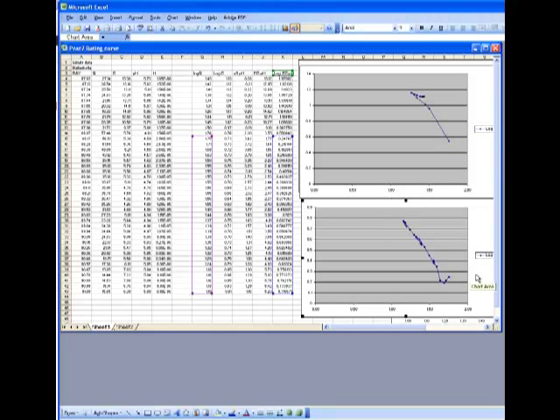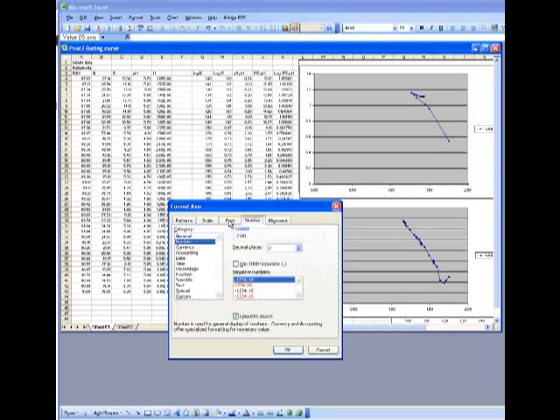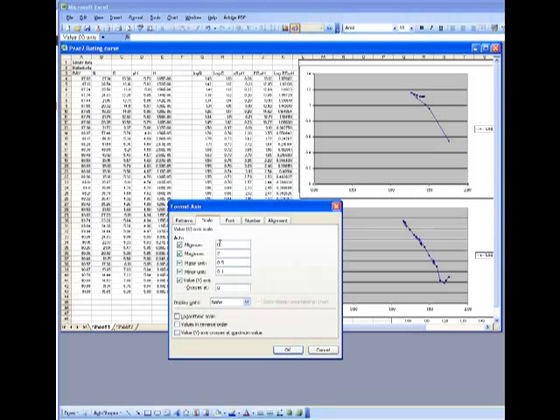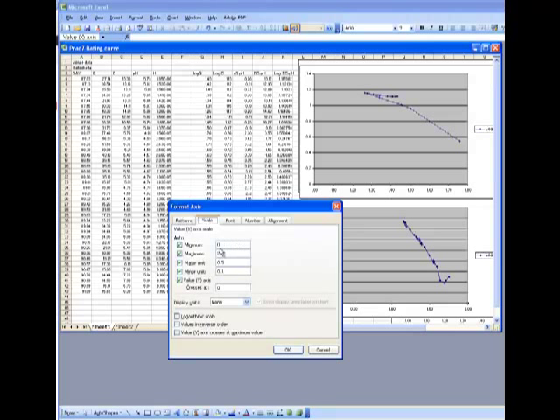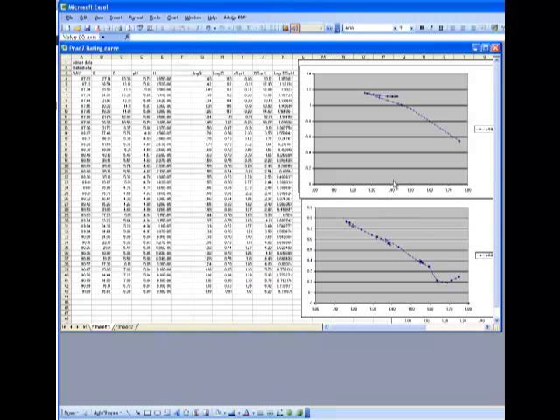For the falling limb, change these axes. We just want to add the trend lines, and we can see if we've improved the relationship.